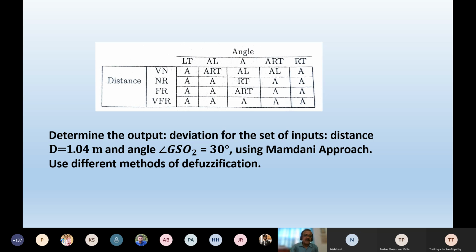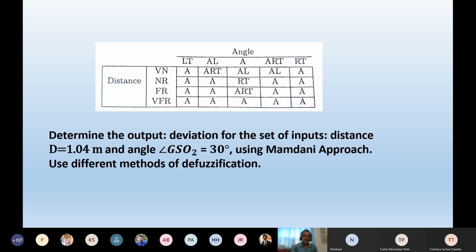So the remaining part of the statement of the problem is as follows. Determine the output deviation for the set of inputs. Distance is denoted by D equals 1.04 meter. I have taken it at random. And the angle, theta, equals 30 degrees. Once again I have taken it at random.